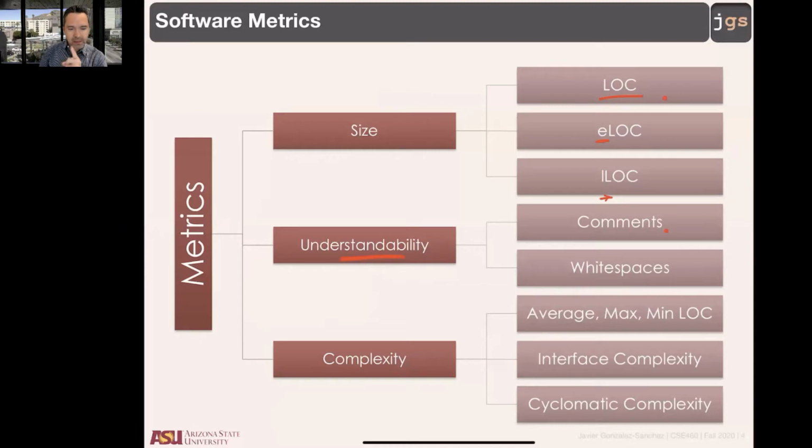This is going to be connected with another metric, but for this one, comments and lines of code, the relationship. You can be thinking, well, some programs, even though they have the same number of lines, it is not the same as a hello world, that's something more elaborated. And you are correct. We're going to connect these understandability metrics with the complexity metrics. They are going to be correlated.